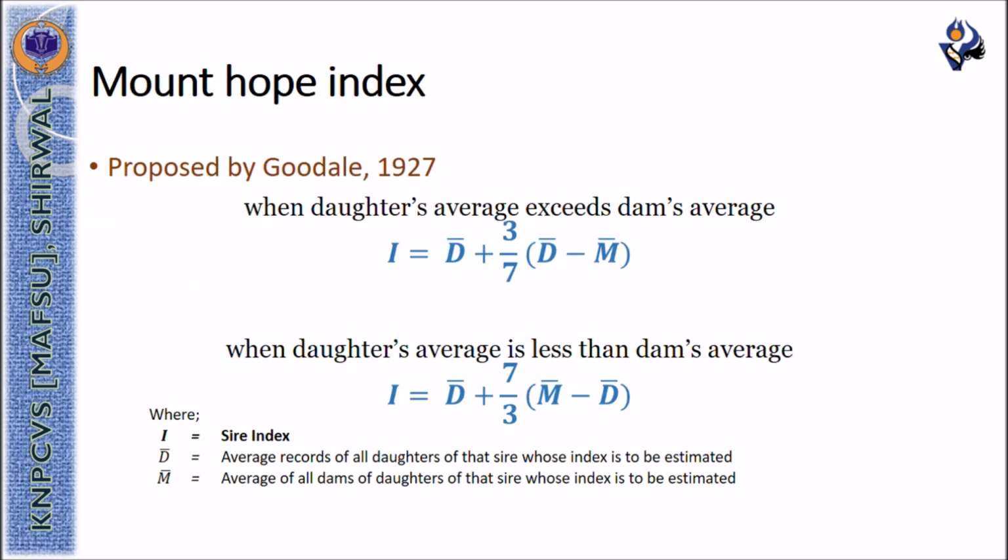Mount Hope Index proposed by Goodell in 1927: I is equal to D bar plus 3 divided by 7 multiplied by D bar minus M bar when the daughter's average exceeds dam's average. If the daughter's average is less than dam's average, then the formula D bar plus 7 divided by 3 multiplied by M bar minus D bar is used.